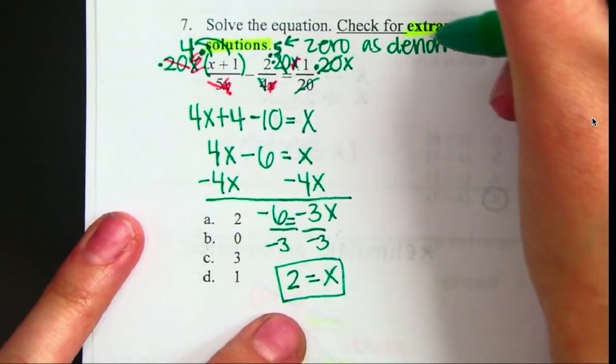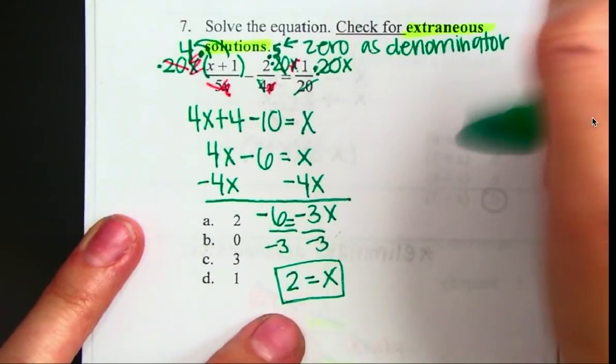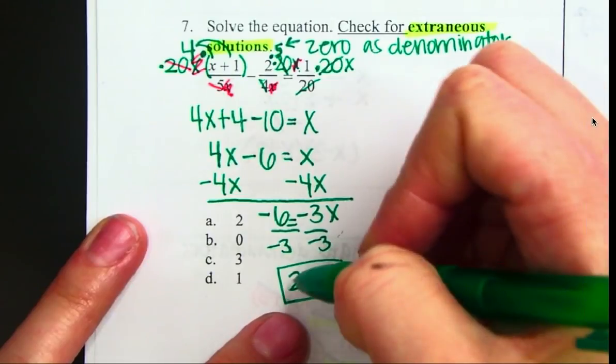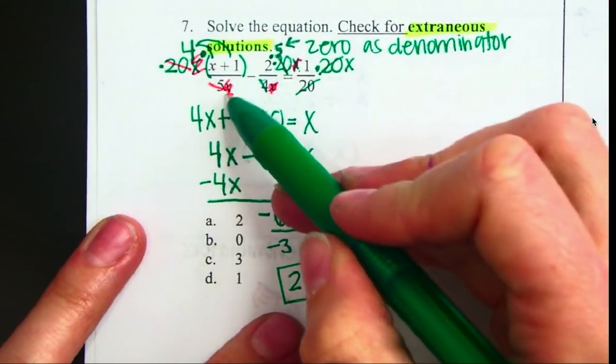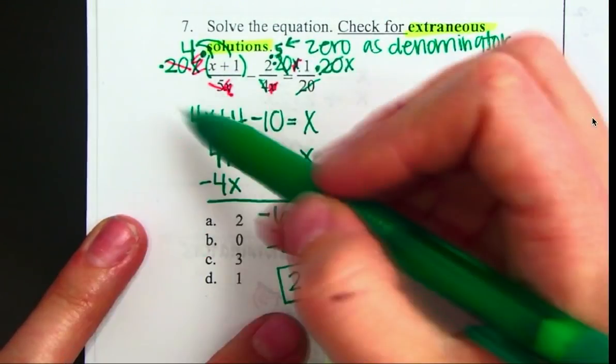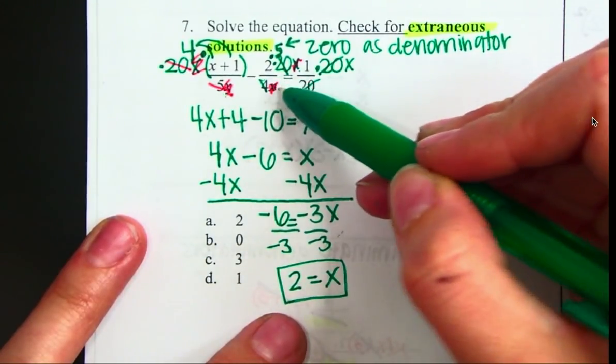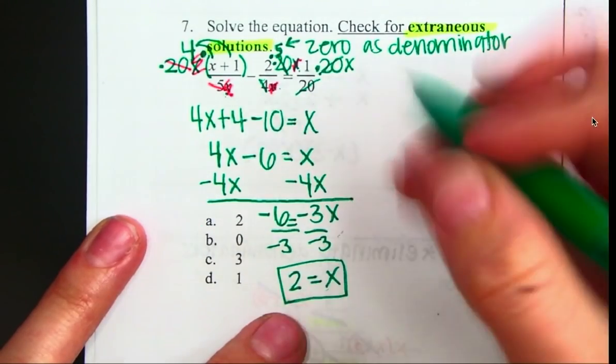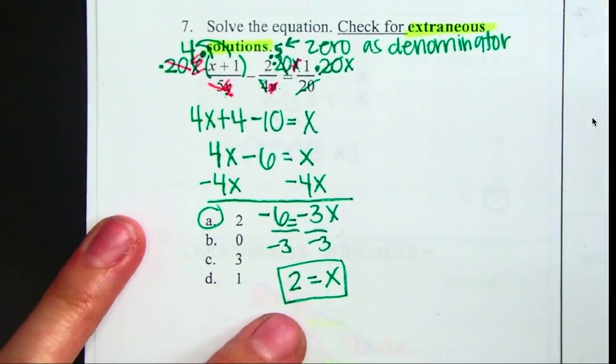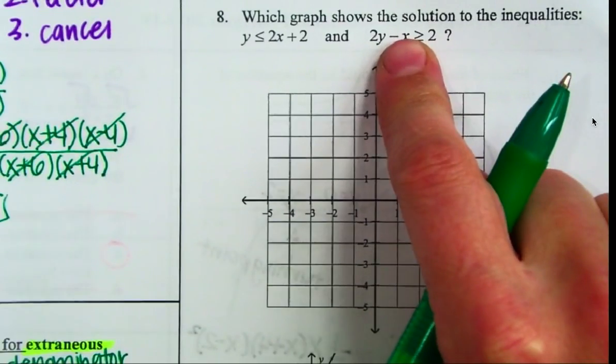But what we always need to do is make sure we check for extraneous solutions, meaning making sure that this number, when it's plugged into our denominators, never gives us 0. So 5 times 2 is 10, so that's okay. 4 times 2 is 8, that's all right. So this is a good answer. It works.